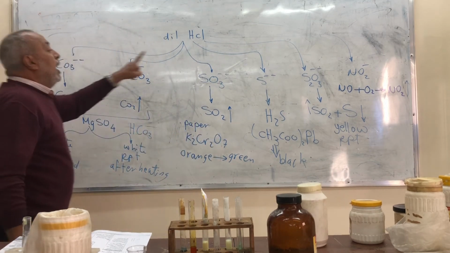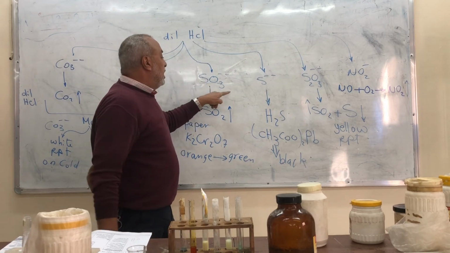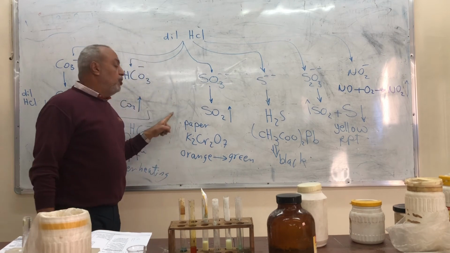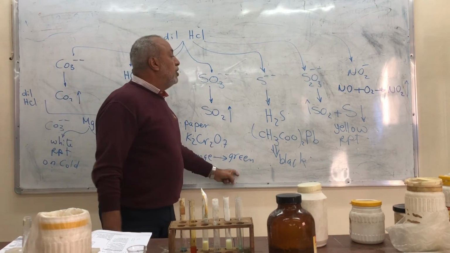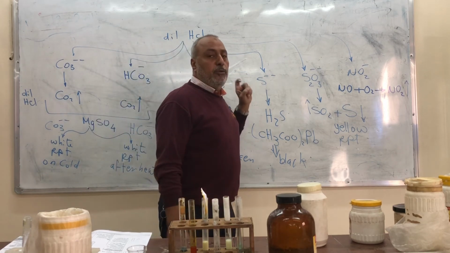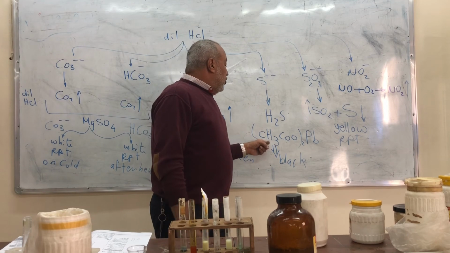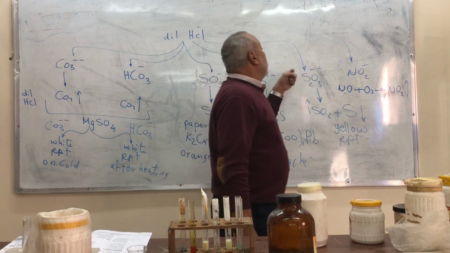Sulfite produces SO2, an irritating gas, which changes paper of K2Cr2O7 from orange into green. Sulfide produces H2S with bad smell. It changes paper wetted by lead acetate into black.